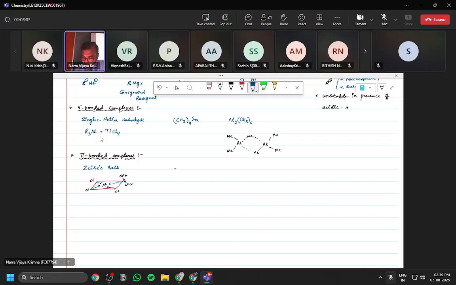Same way, metallocenes. We discussed it already. This is written as eta 2, right? Ferrocene. Example, ferrocene. Iron, eta 5, C5H5 twice.